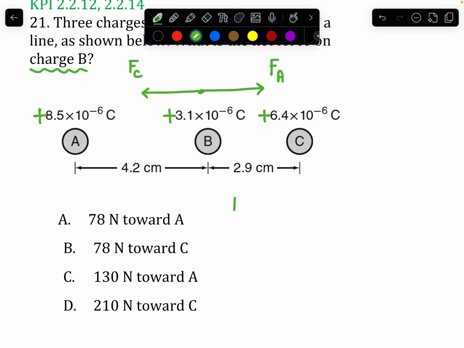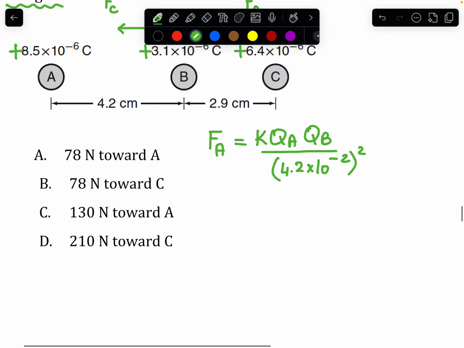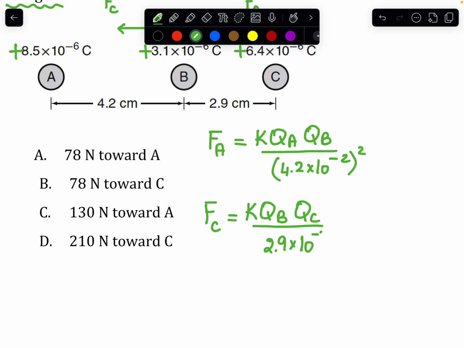However, let me first find the force done by A. It is k QA QB over the distance between them, 4.2 times 10 to the power of negative 2, squared, and the force done by C is k QB QC over 2.9 times 10 to the power of negative 2, squared.